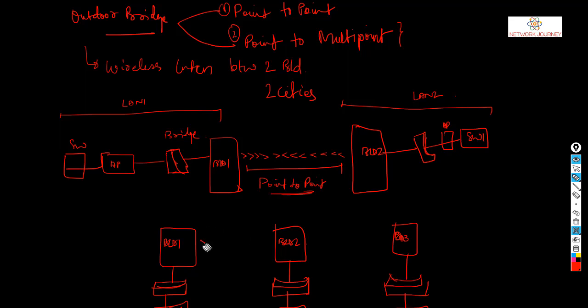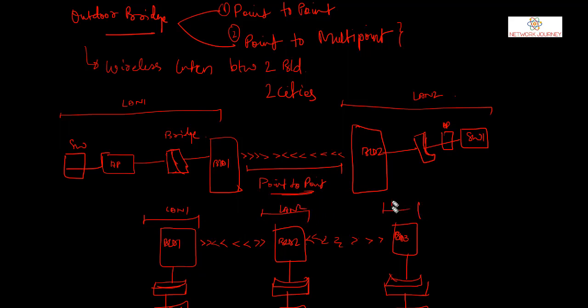Okay, so I can form a wireless connection between these 3 buildings. So this is LAN 1, LAN 2 and LAN 3, and this approach is called point to multi-point.